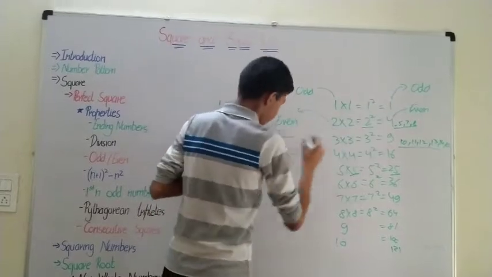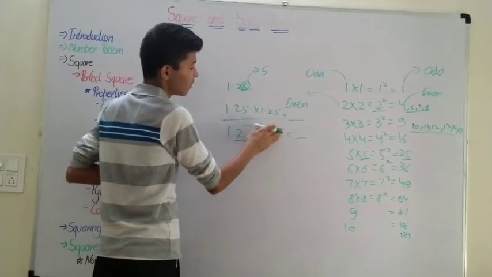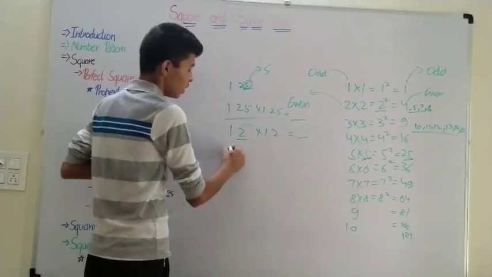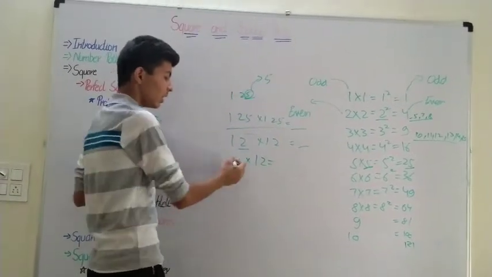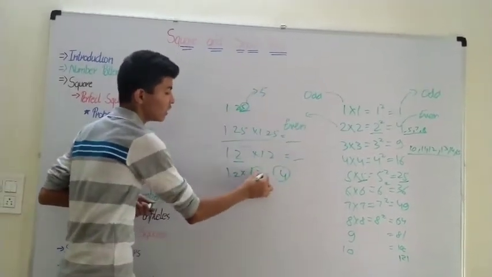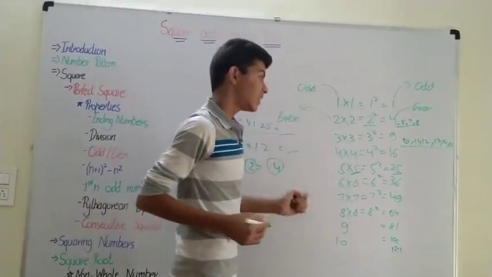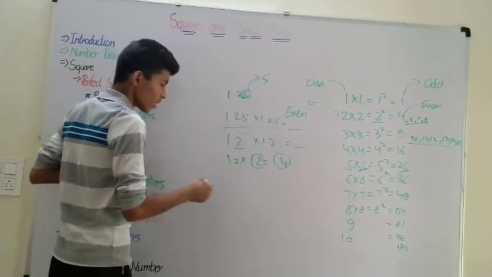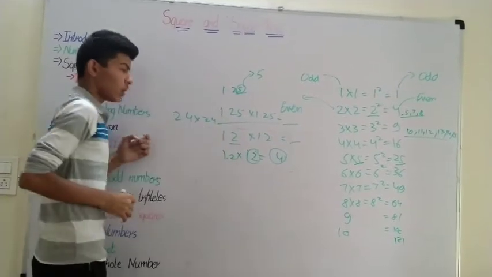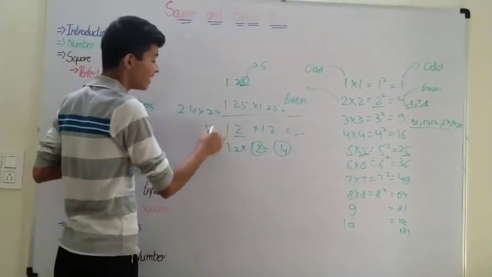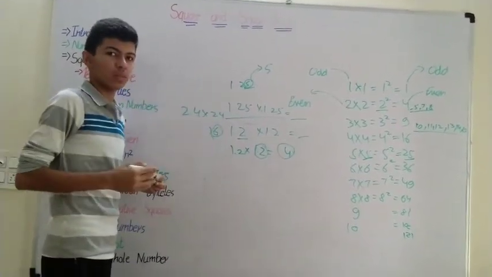But if we have 1.2, after the decimal point if you put a 0 it doesn't matter, so 1.2 multiplied by 1.2, we can see that it would end with 4, because the unit place is squared. In the same way, if we have 2.4 multiplied by 2.4, here 4 times 4 is 16, but we know that the unit place can be only one digit, so 6 is the unit place of these numbers.